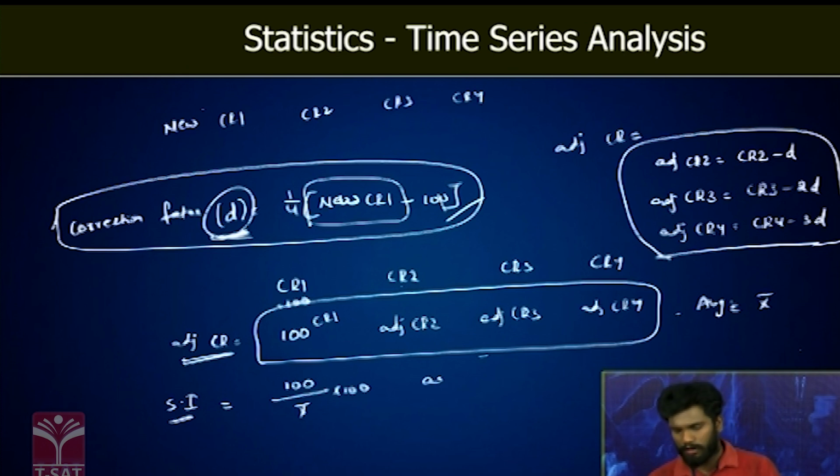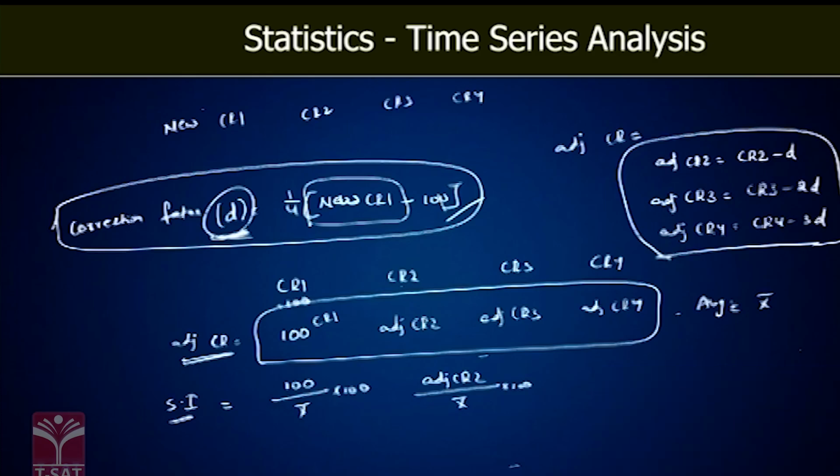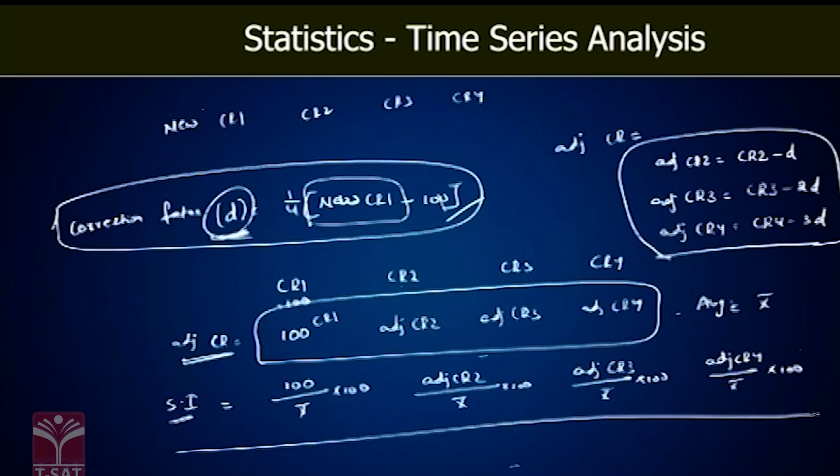Similarly, the adjusted chain relative for Q2 divided by the average into 100. Similarly, the adjusted chain relative for Q3 divided by X bar into 100. Similarly, the adjusted chain relative for Q4 by X bar into 100. Now these are our seasonal indices using the link relatives method, and obviously their sum will be nearly equal to 400.